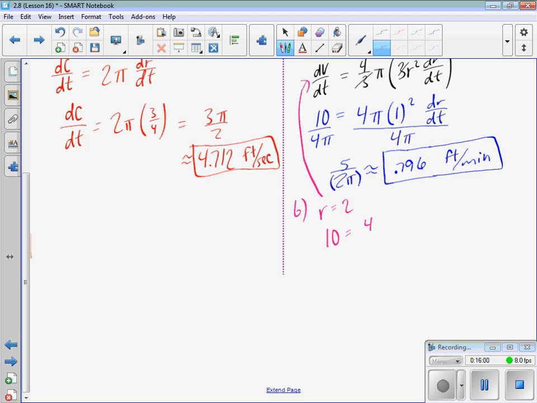So I've got this. Whoops, that's a 4 because the 3 cancels. So 4 pi. And my r squared is going to be 2 squared, right? So what am I going to divide by this time? 16 pi. So I just divide by whatever this amount is here. And then just be careful you put that in parentheses and we'll get there.